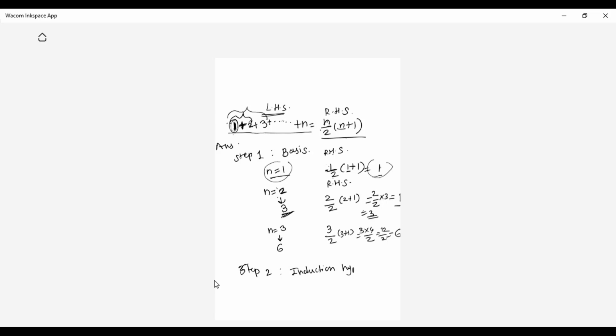So for induction hypothesis, what you have to do, student? You have to put n is equal to k. That's it. You have to put n is equal to k in the given equation, and for that equation we are saying that it is true. For n is equal to k, whatever equation or proposition or statement I get, that is true. That we will see. Go to the next page.